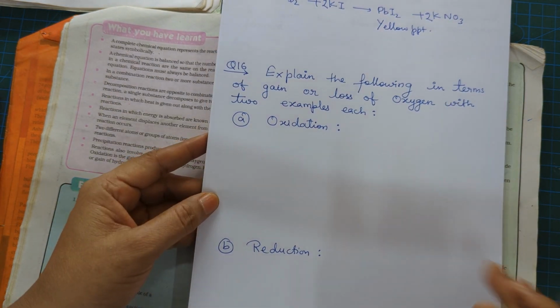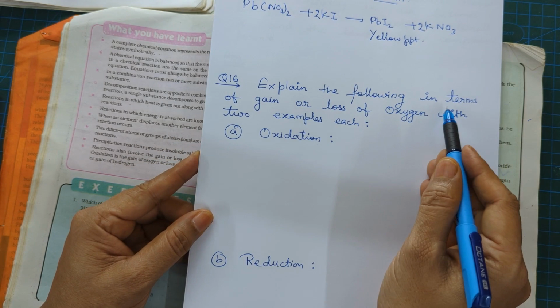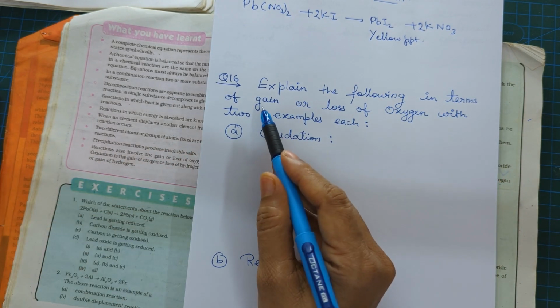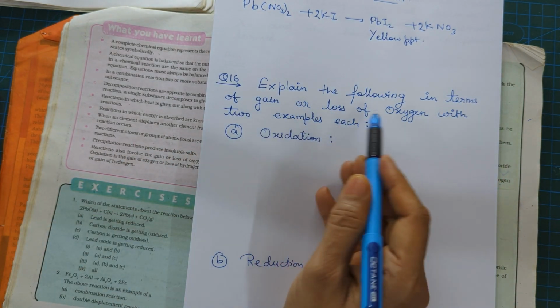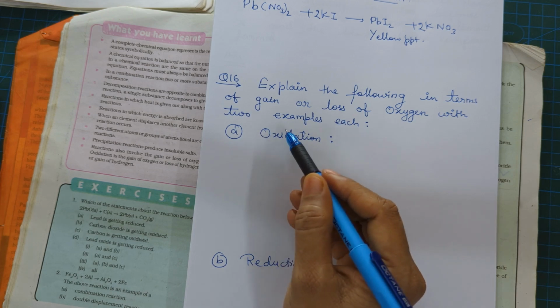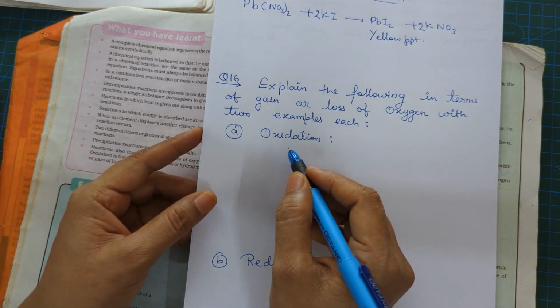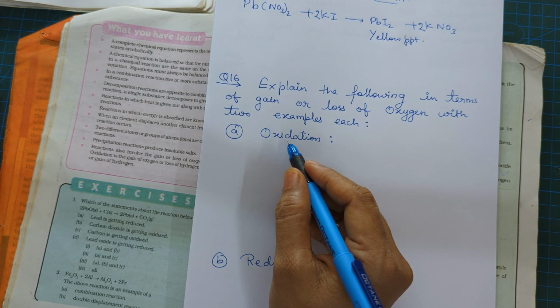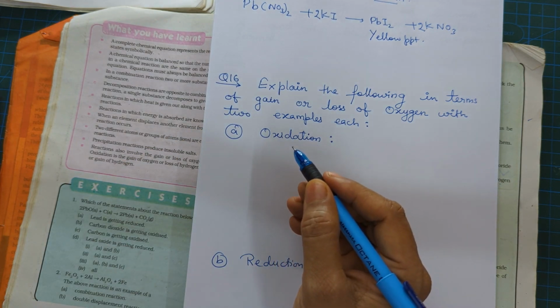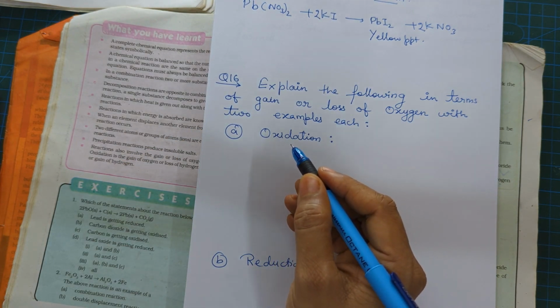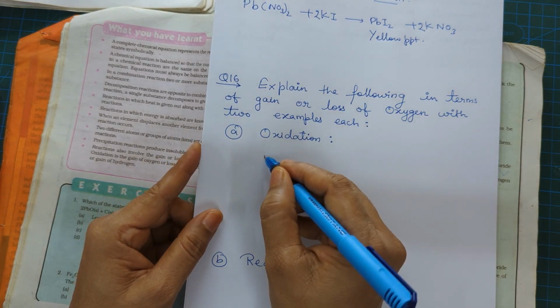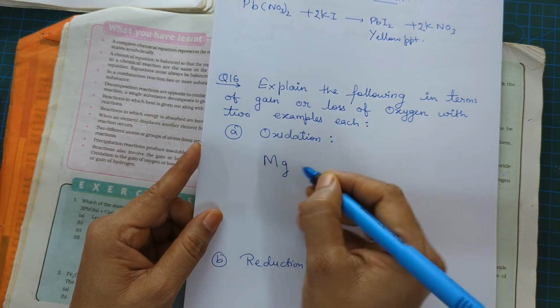Now 16th question. Explain the following terms in terms of gain or loss of oxygen with two examples. So oxidation reaction. Oxidation is addition of oxygen, removal of hydrogen, or loss of electrons. That is how we define oxidation. Simple example, burning of magnesium ribbon in air.